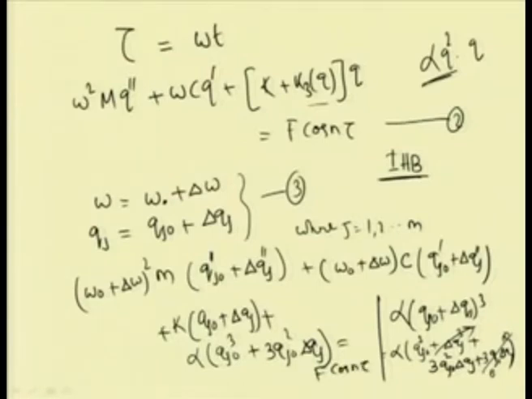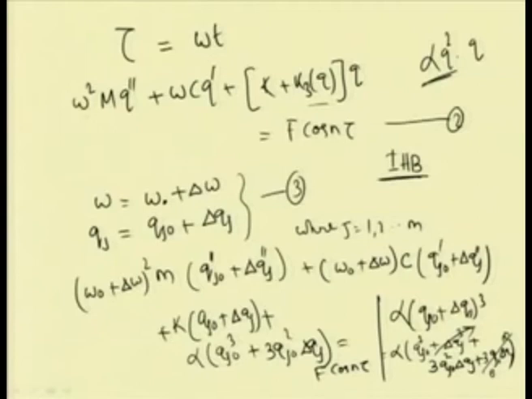Now we already know that if q j 0 is the present state of the system, then it will satisfy the governing equation, equation 2, as omega 0 and q j 0 are the current state of the system. If it is satisfying this equation, then the term omega 0 square m into q j double dash plus omega 0 c into q j dash plus k into q j 0 plus alpha into q j 0 cube will be equal to f cos n tau.